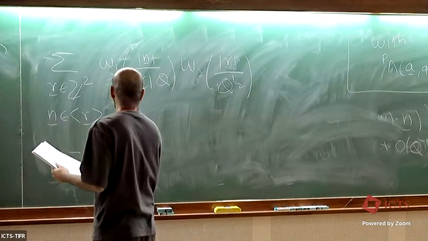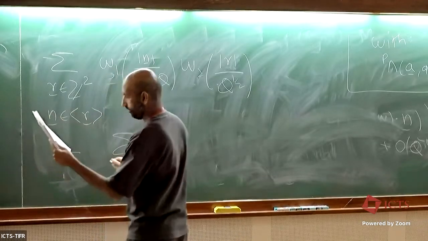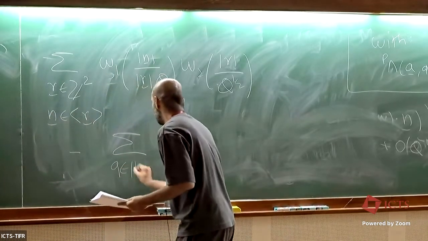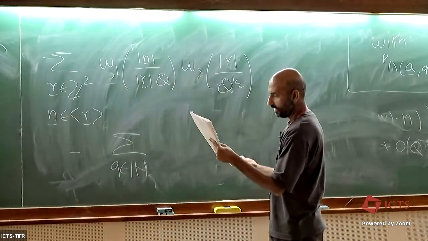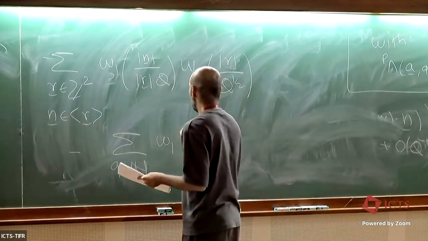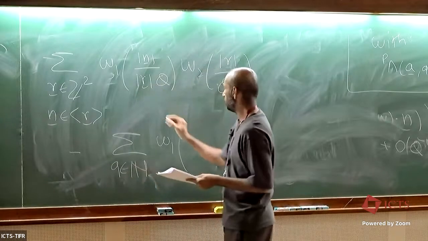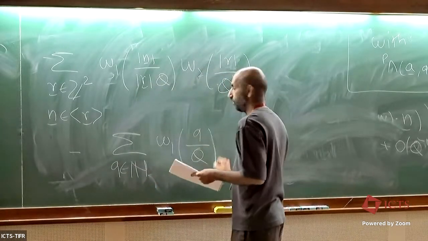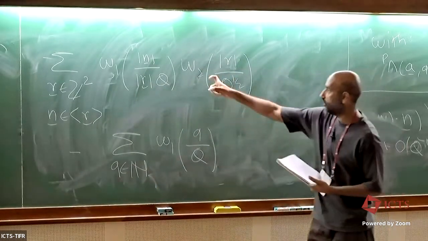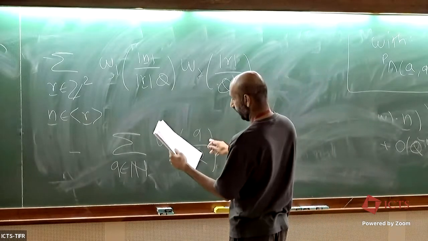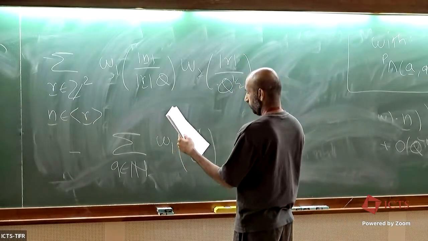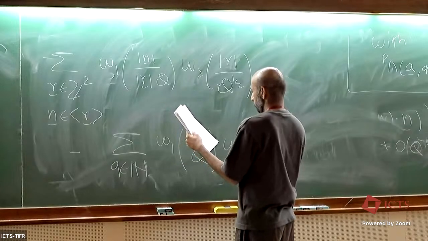And then I'll subtract this, all other divisors, which are integers in n, and then n over R was corresponding to q, right? So this is q over q. So this allows me to take q going up to big Q, and then omega 2.